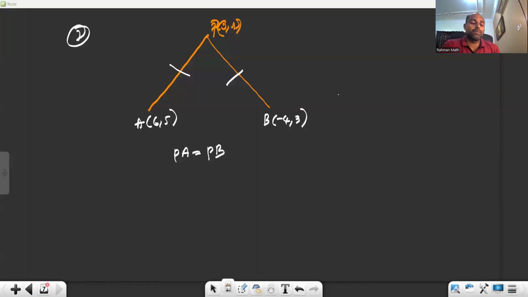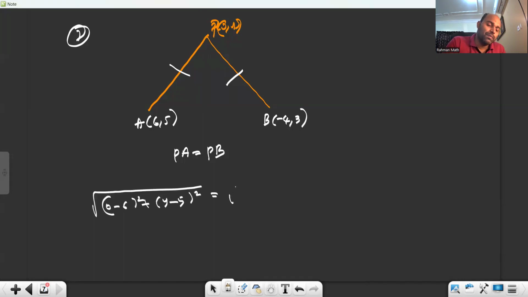PA equal to PB. That is root of (0 minus 6) whole square plus (y minus 5) whole square, equal to root of (0 plus... because our formula is minus) y minus 3 whole square.